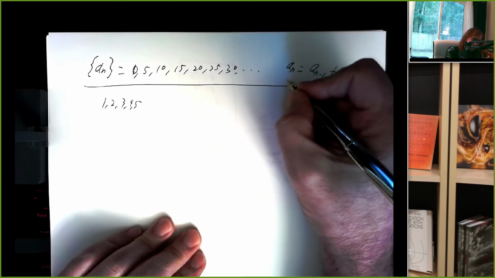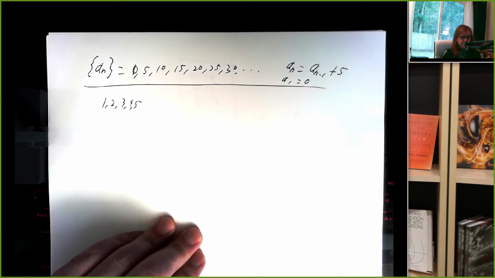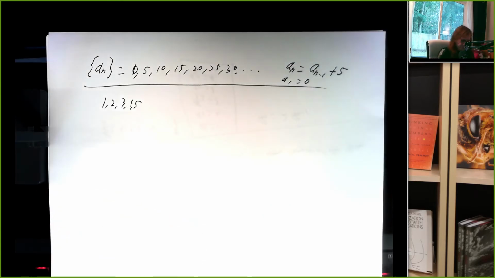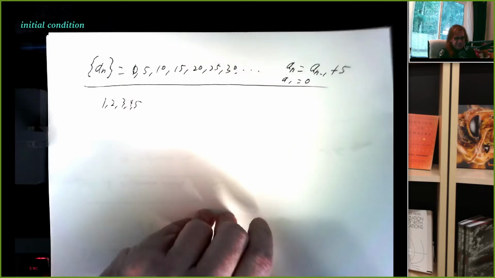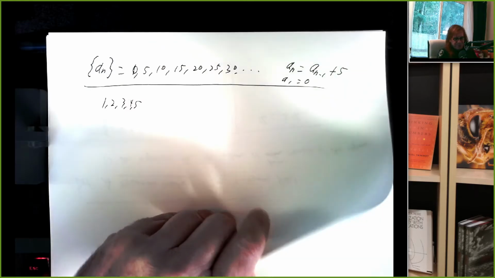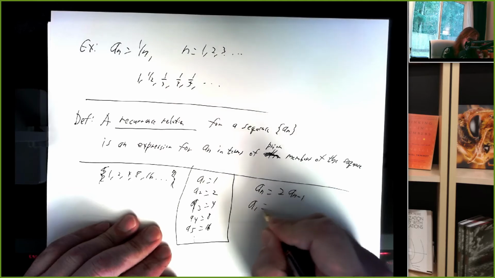And so, for example, I might say something like a1 is equal to 0. And so over here in this previous example with powers of 2, I could have an initial condition like a1 is equal to 1.